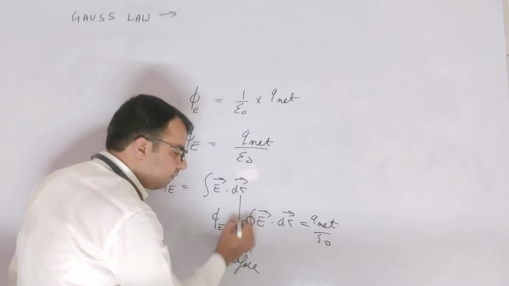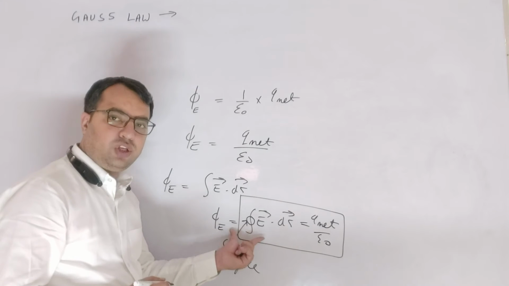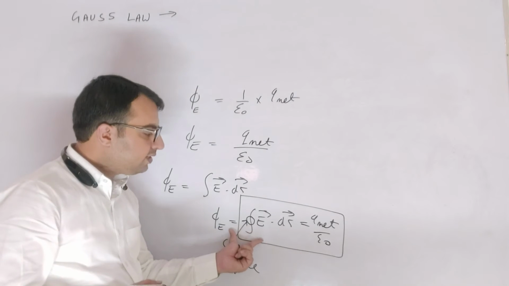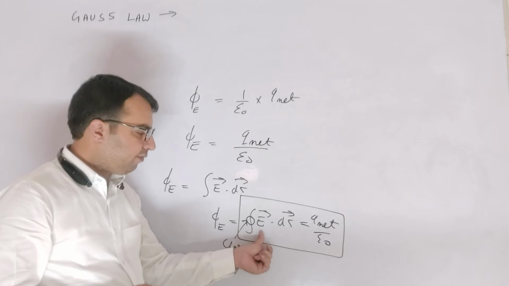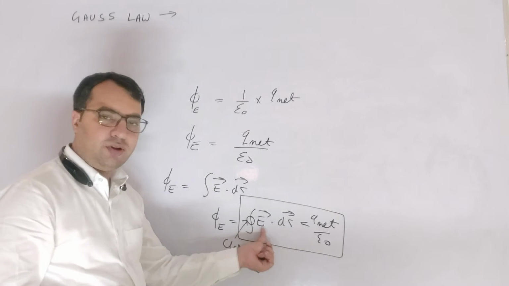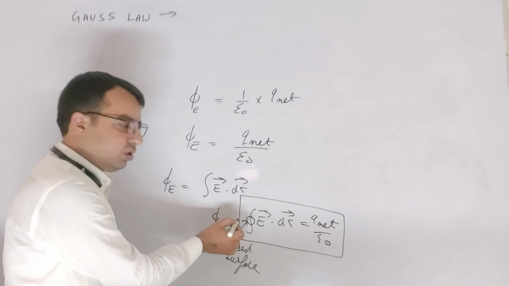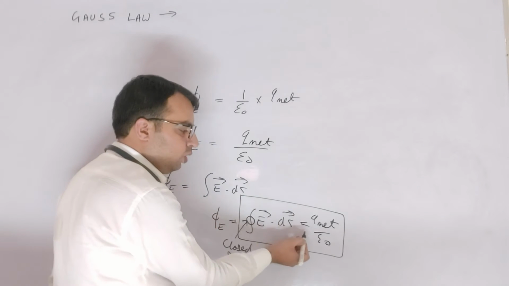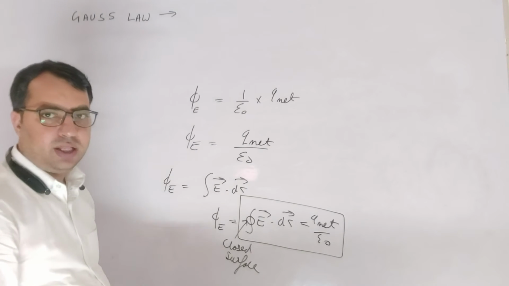From this formula, we get one more definition of the Gauss law: the surface integral of electric field over a closed surface, that must be a 3-dimensional closed surface, is equal to 1 upon epsilon naught times the net charge enclosed by the surface.